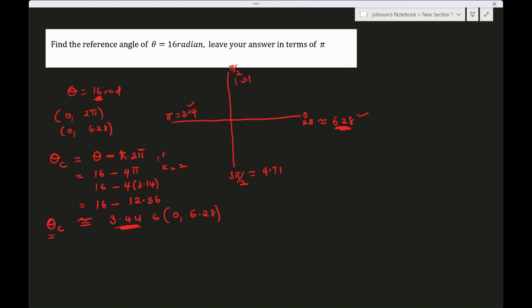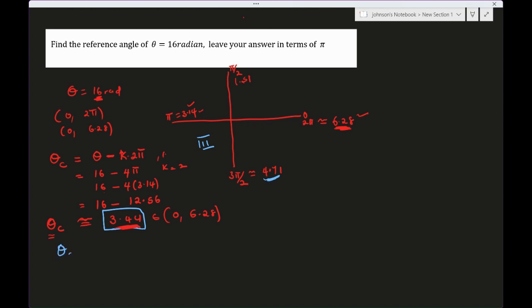Now the question wants us to find the reference angle, so you need to know which quadrant 3.44 is in. If you can see, this is pi, and pi is 3.14. So this value is going to be in quadrant 3, because the number here is 3.44, and 3.44 is between 3.14 and 4.71.